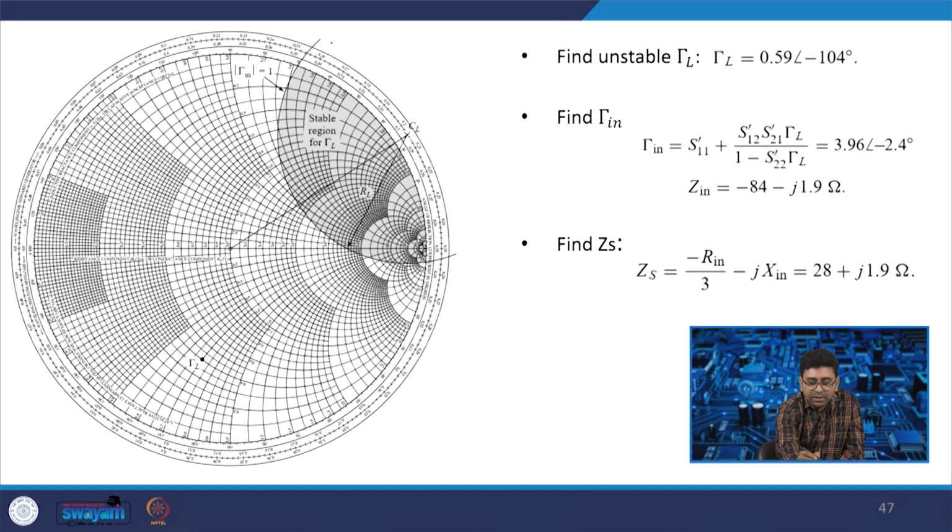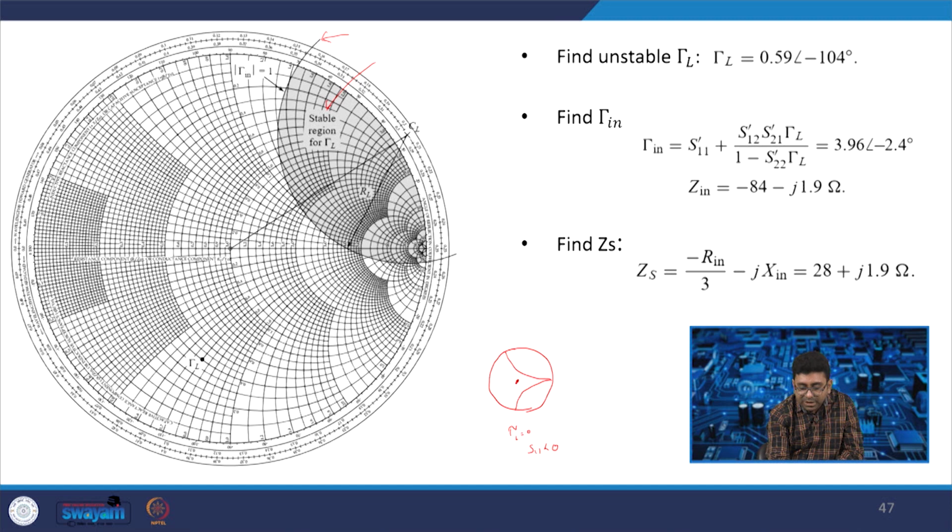This is what is shown here on the Smith chart, and a region has been shown. The region mentioned here is the stable region. When we discussed stability, we discussed that on this Smith chart, if gamma L is equal to 0, this point is stable if S11 is less than 0.